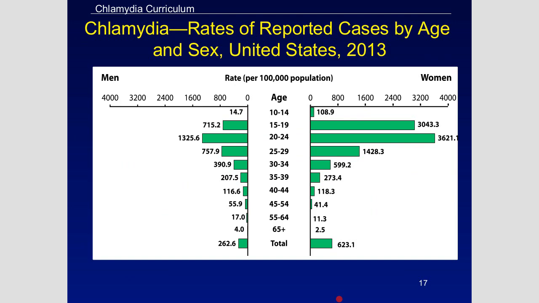CDC considers this a very vulnerable age, from 15 to 24 for both boys and girls, especially girls. As they age out, their behavior and sexual activity probably change, so there's less incidence of these infections. But in total, you have 262 versus 33, so about 3 times more in women.